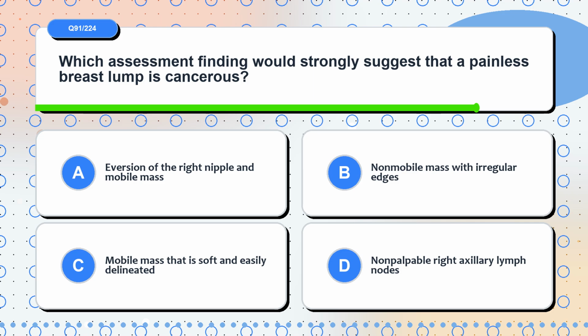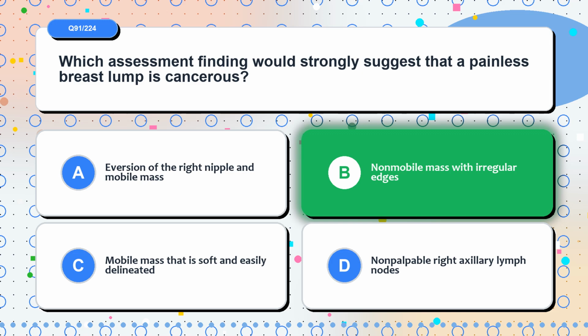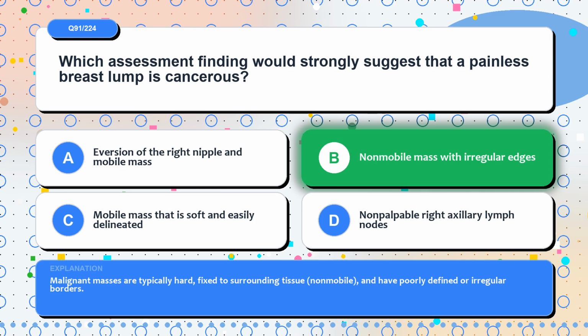Option D. Non-palpable right axillary lymph nodes. The correct answer is option B. Non-mobile mass with irregular edges. Malignant masses are typically hard, fixed to surrounding tissue (non-mobile), and have poorly defined or irregular borders.